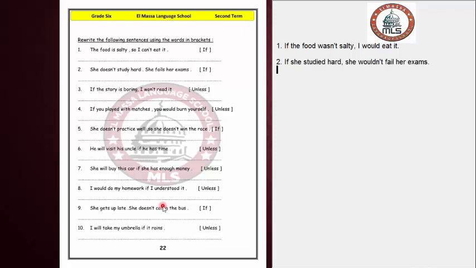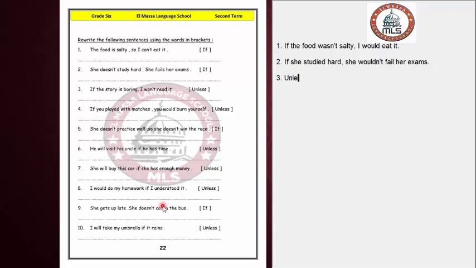Okay? Number 3, if the story is boring, I won't read it. Use unless. Unless equals the meaning of if not. So we delete if plus negative and use unless. So delete if and use unless.